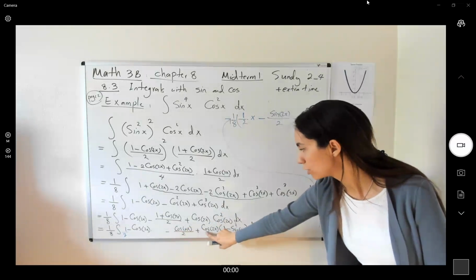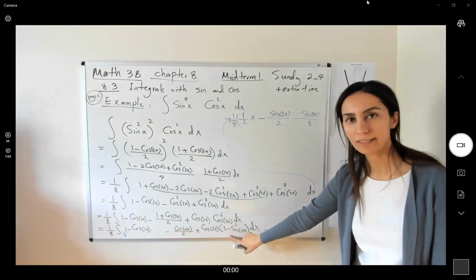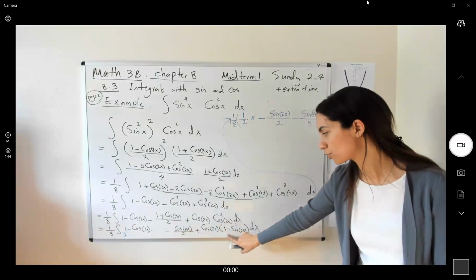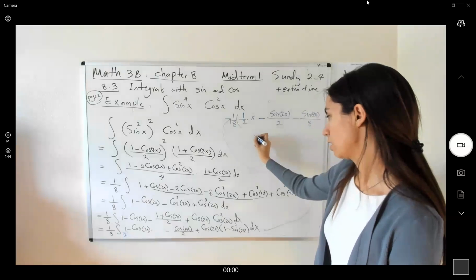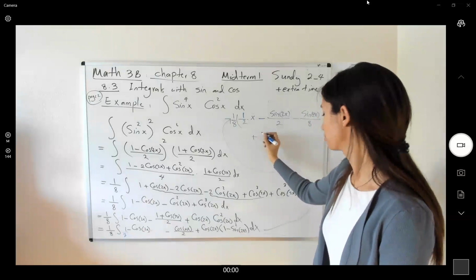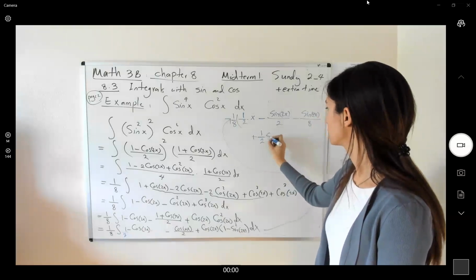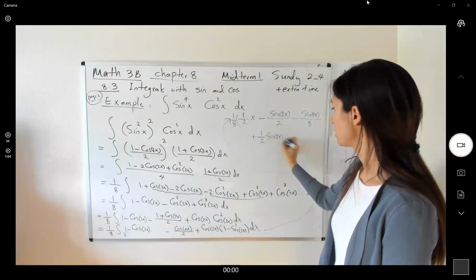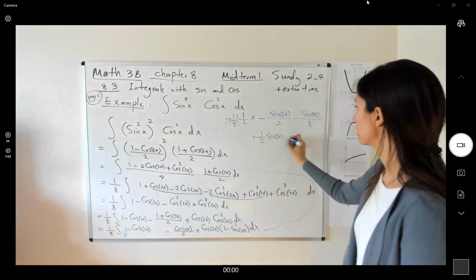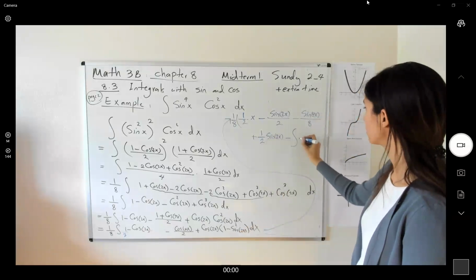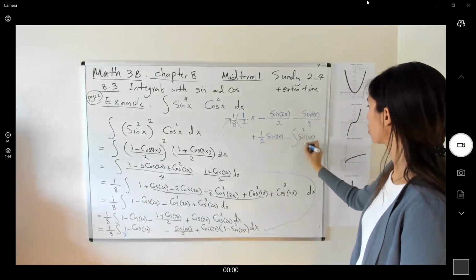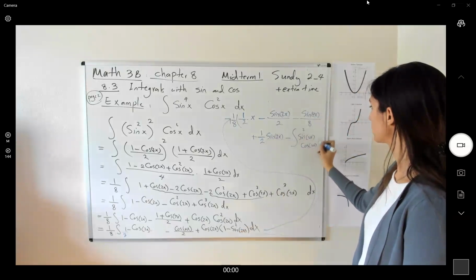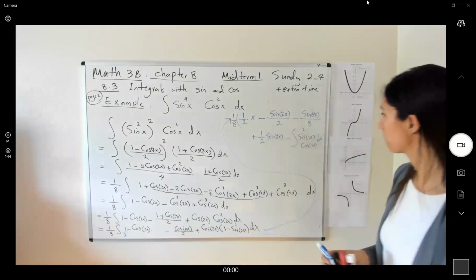Then for this one, you distribute cosine 2x. When you distribute cosine 2x, you get plus a half sine 2x, and eventually you're left with the integral of sine squared 2x times cosine 2x dx.